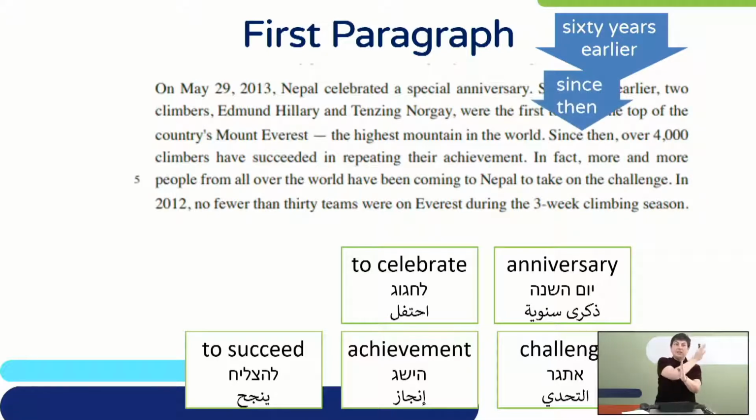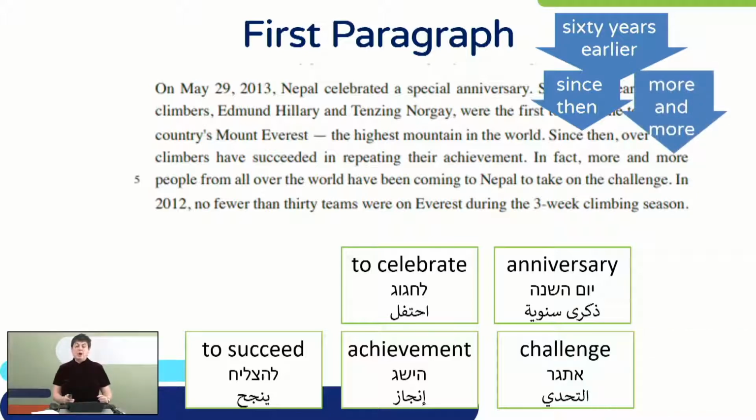Since then, since before, over 4,000 climbers have succeeded in repeating their achievement. In fact, more and more people. More and more than what? More than the 2 who began? More than those 4,000 over 60 years? Yeah, every year more and more.